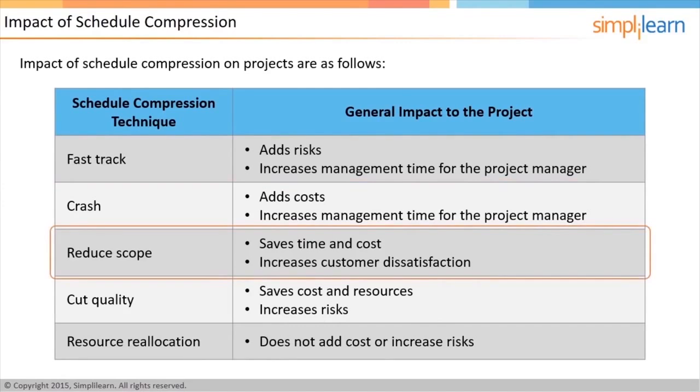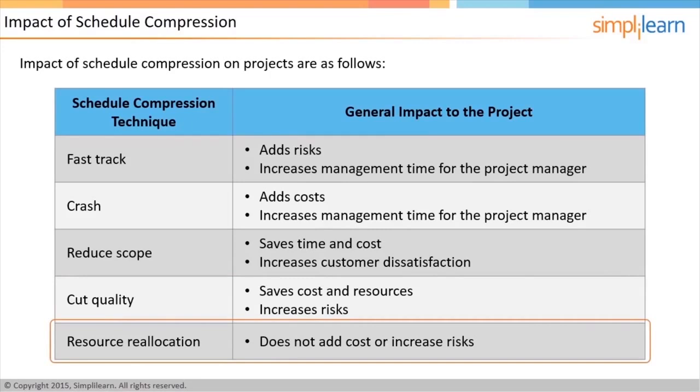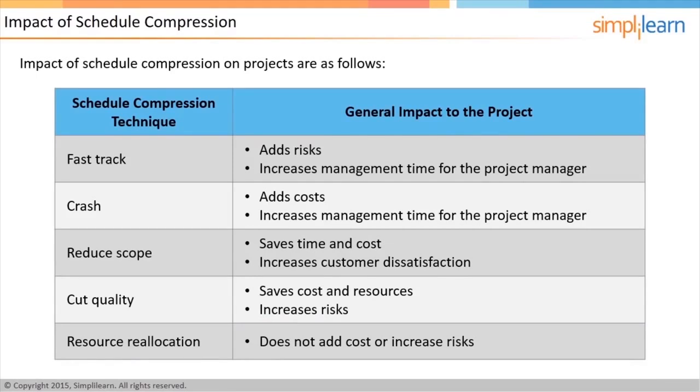Reduced scope, on the other hand, saves cost and resources but increases customer dissatisfaction. Likewise, cut quality saves cost and resources but increases risk. Resource reallocation does not add cost or increase risk. In the next screen, let us look into the other techniques used in scheduling.